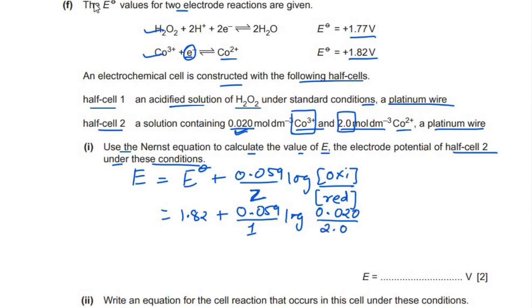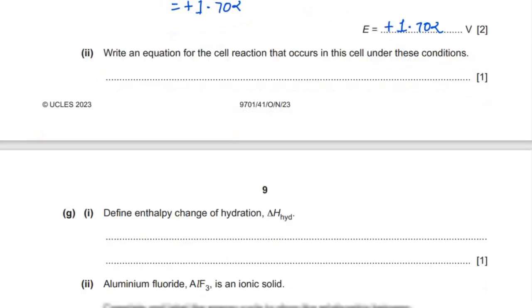This is how we substitute the values and calculate the new value of E. And the answer is plus 1.702. So if we write it to 3 decimal places, it is plus 1.702 voltage.